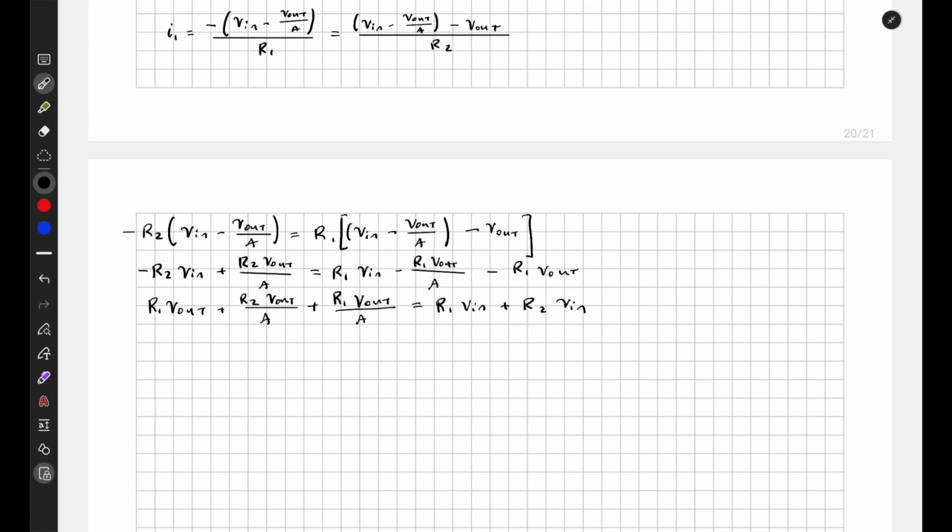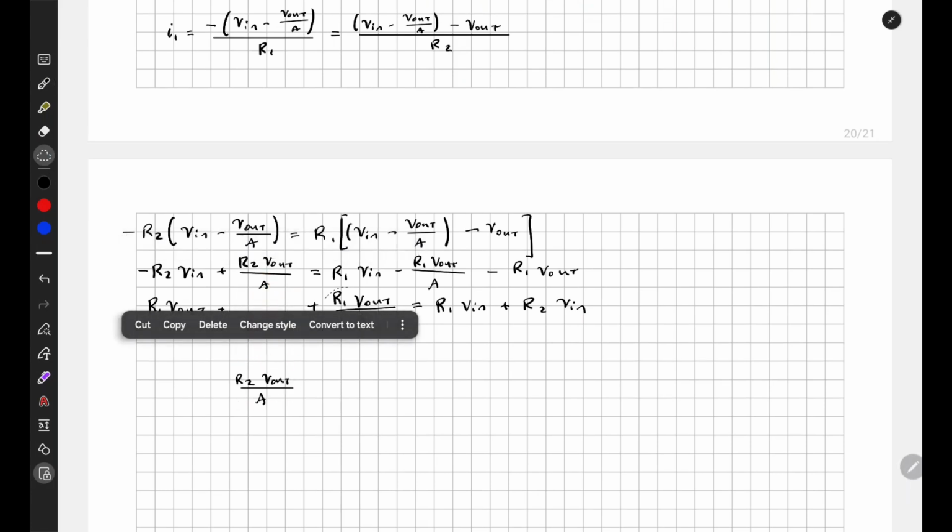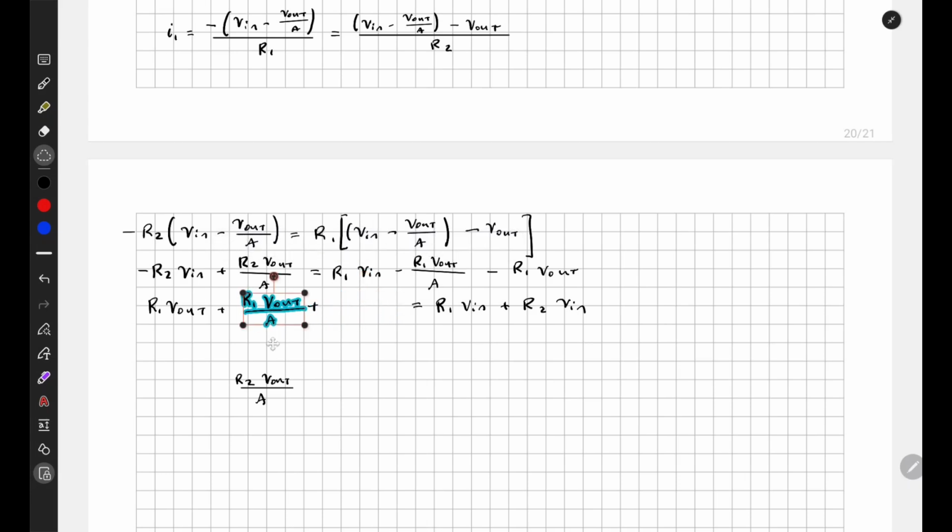Now I'm going to flip these two spots. Then we can distribute out a V out on the left side. So V out is here, and then we have R1 plus R1 divided by A plus R2 divided by A. Then on the right side we can distribute out the V in.